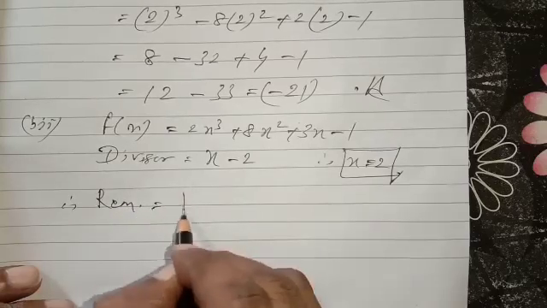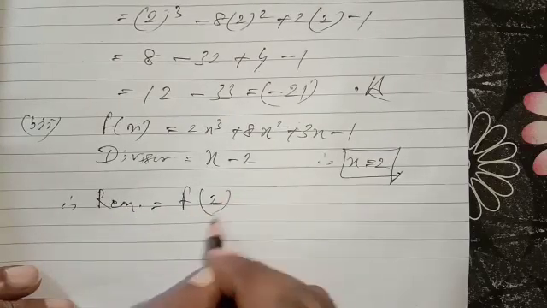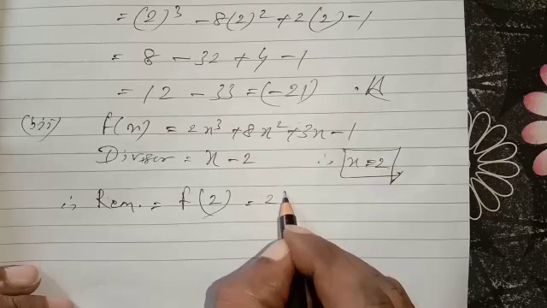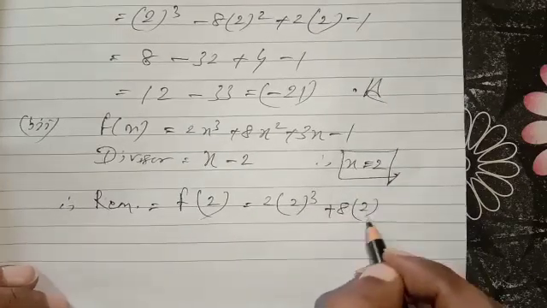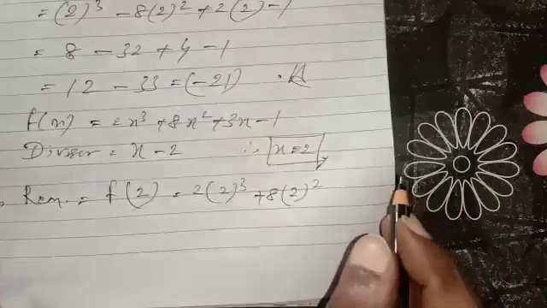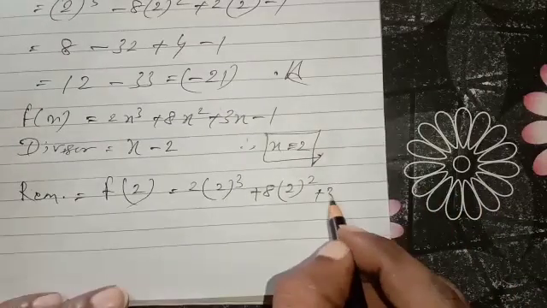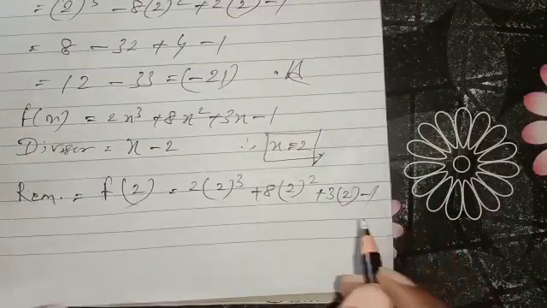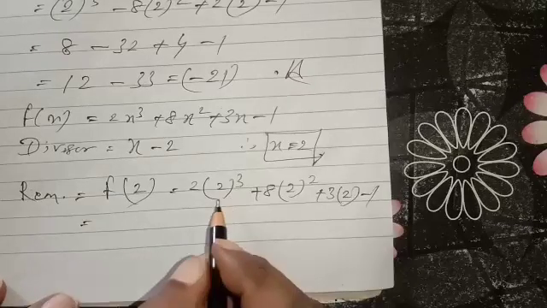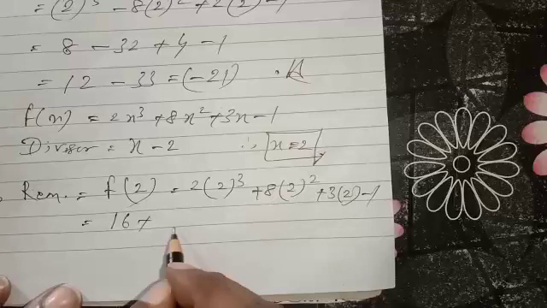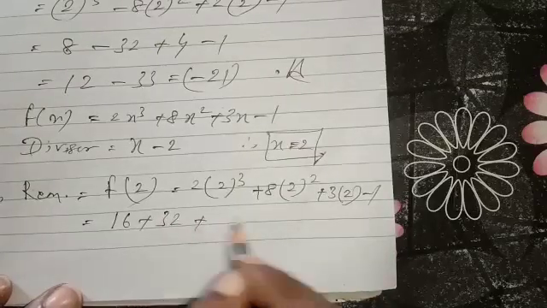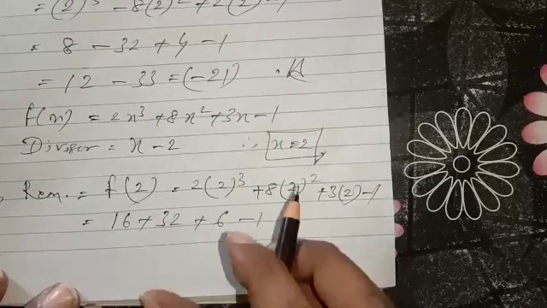Therefore remainder is equal to f of 2, x replaced by 2. 2 into 2 cube plus 8 into 2 whole square, because x square is given, plus 3x, x means 2, minus 1. 2 cube is how much? 8, 8 times 2 is 16. 2 square is 4, 4 times 8 is 32, plus 3 times 2 is 6, minus 1.